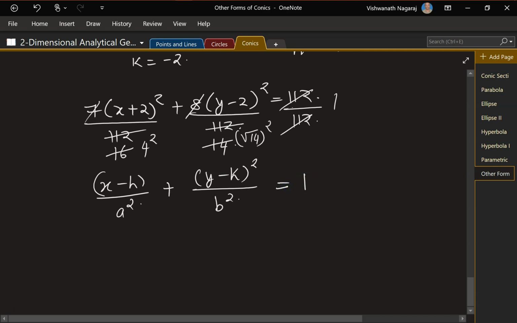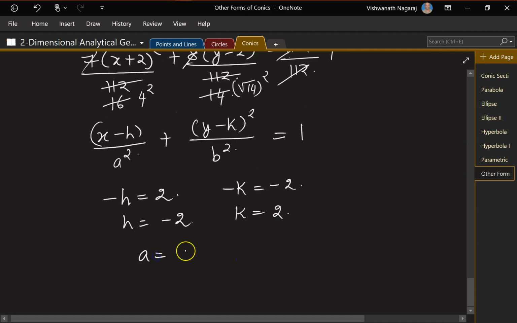So by direct comparison we know that minus h is equal to 2. That means h is equal to minus 2. Minus k is equal to minus 2. So k is equal to 2. A is equal to 4. B is equal to square root of 14.